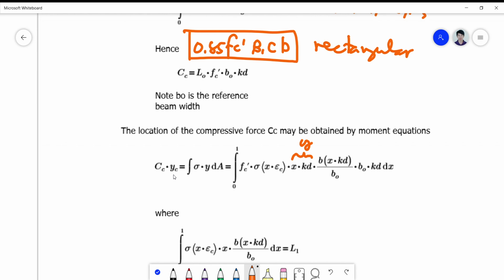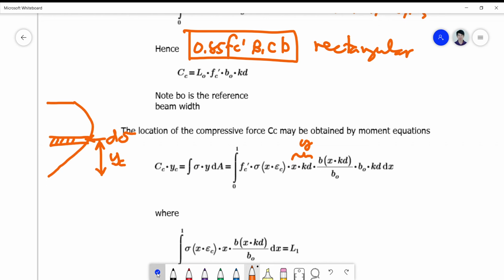This is the distance from the neutral axis to the level of your sigma. So if this is your parabolic block, this is your representative sigma, d sigma. Your y is simply from there up to this. It's a y of c. Upon integration, this will give you the centroid of the whole curve there.